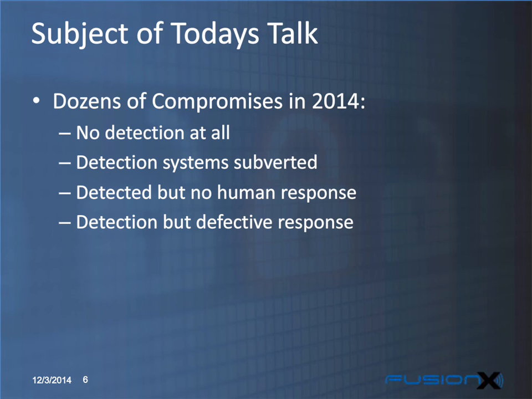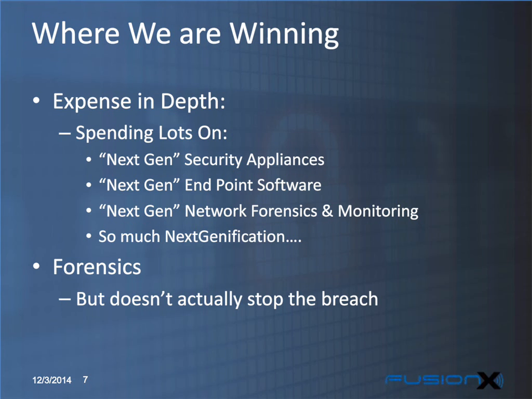And finally, we also see quite a few cases, which I think is probably the second most common, where there is detection and a human response, but that response is defective in some way, and we're going to see some case studies of that.